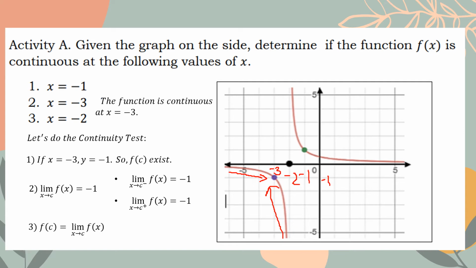Therefore, the function is continuous at x equals negative 3. Always include the given point in your conclusion. If you only say the function is continuous, it's very general, so you have to specify. Our topic is continuity at a point, or continuity at a given number. Since we are given a certain number, we have to include that in our conclusion. Next.